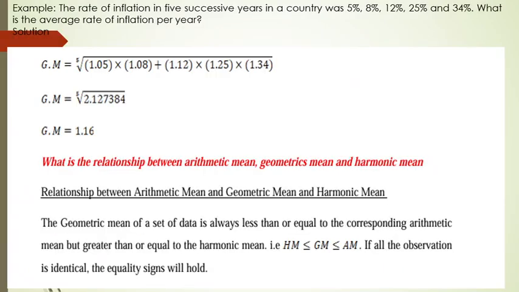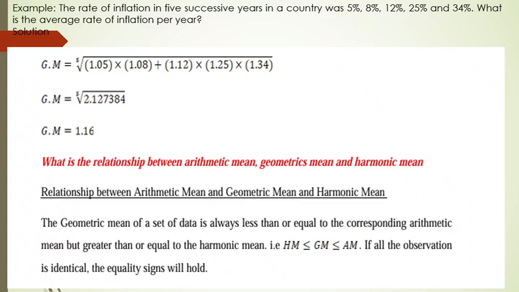So let's go to the geometric mean. The formula we use in geometric mean is the nth root of x1 raised to power w1 times x2 raised to power w2. That is for the weighted geometric mean.